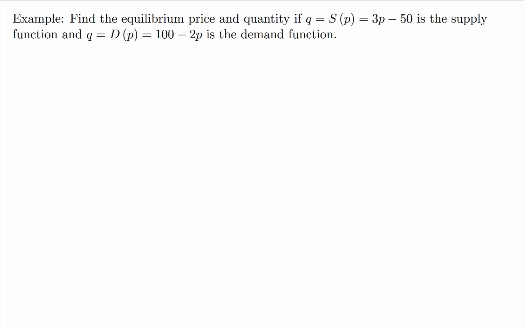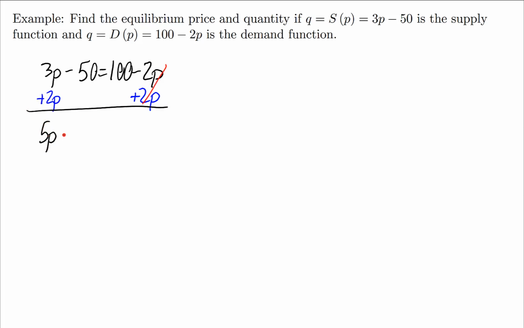Let's do an example. Find the equilibrium price and quantity for the following supply and demand functions. What we're going to do is set these equal to each other. 3p minus 50 is equal to 100 minus 2p. And I'm just going to solve for the price. Let's start off by adding 2p to both sides.